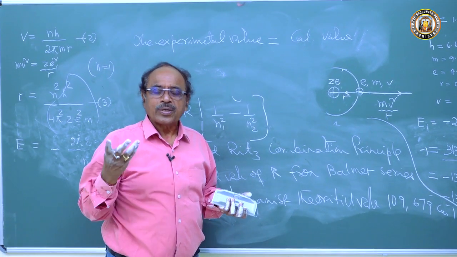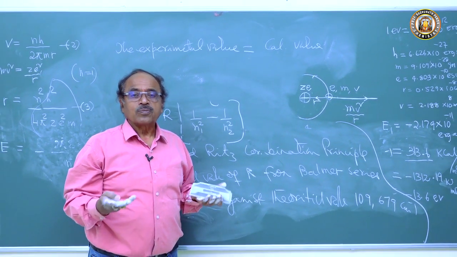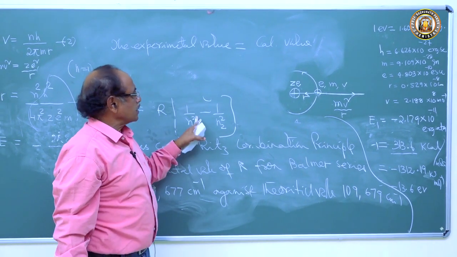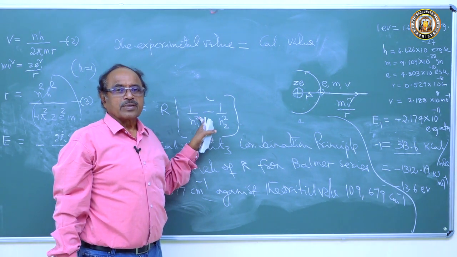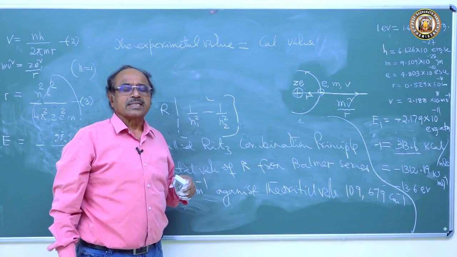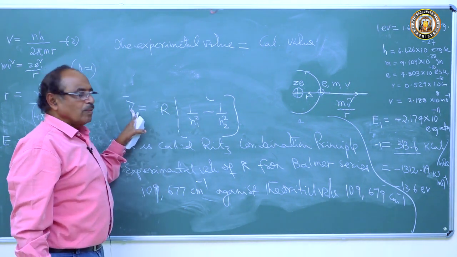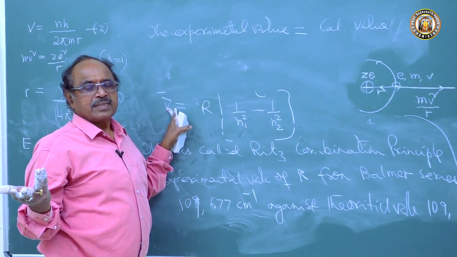See how wonderful a scientist Bohr is, who could explain the hydrogen spectrum from this Ritz combination principle. He could calculate the value of the spectral lines. So nu bar is what? Once you know nu bar is 1 by lambda, you can know the wavelength.